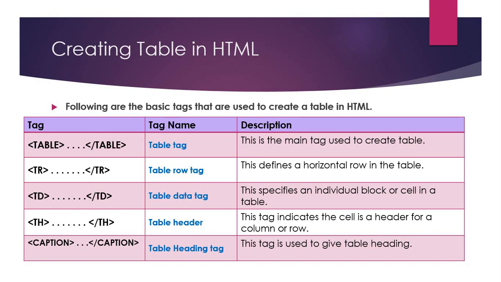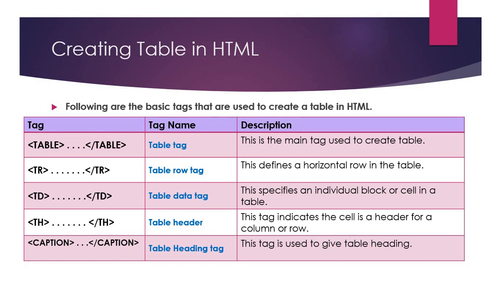tr tag. tr stands for table row, which defines each row of the table. td tag. td means table data. Data inside each row of cells is inserted by this tag. th tag. th stands for table heading.